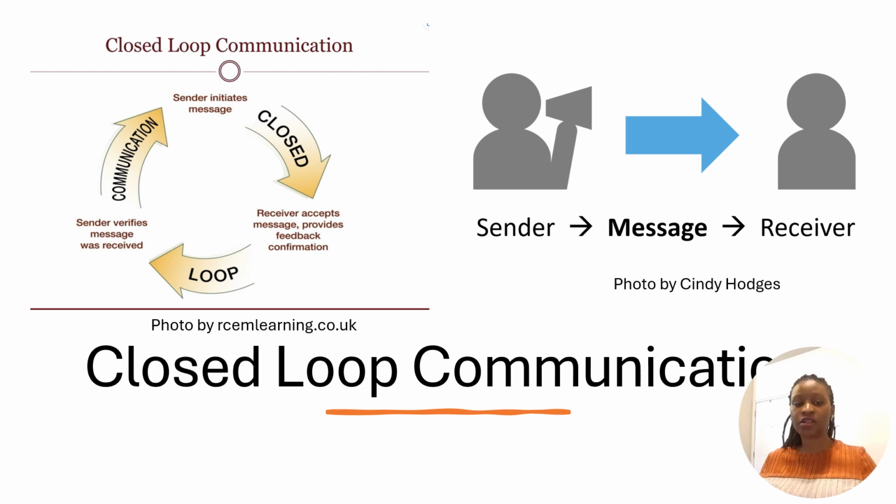And here there's a component of the sender verifying that this message was received. So when I do send the message, for example, telling your partner, can you please pick up some milk from the grocery store on your way back home?